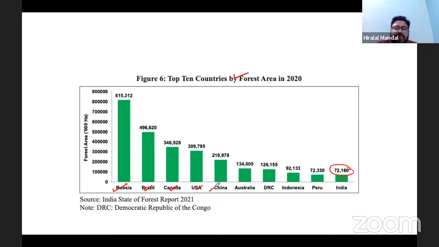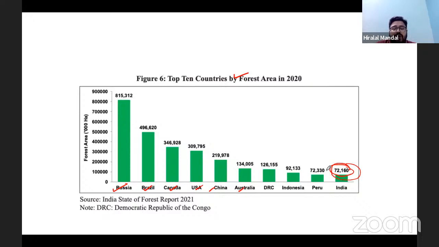Among the top countries, you can see it's Russia, Brazil, Canada, USA, China, and of course Australia. All right. So these are the bigger countries where in absolute terms they have forest cover. India at least comes at the 10th place. All right. So this can be an important question.